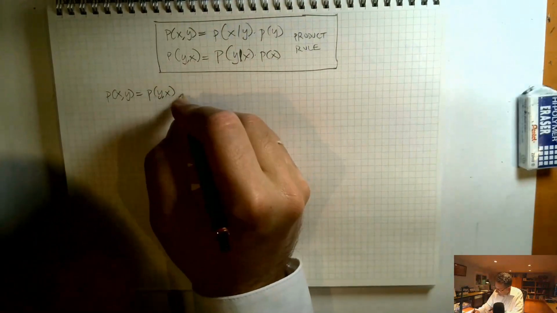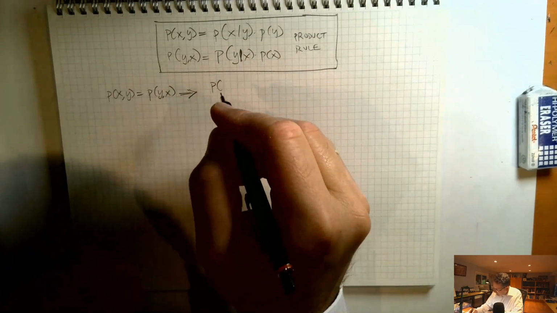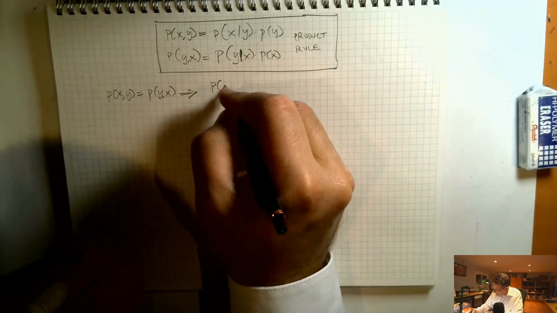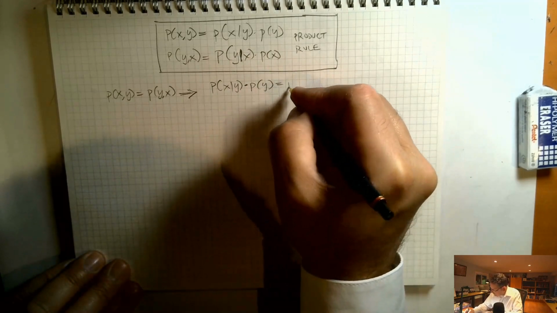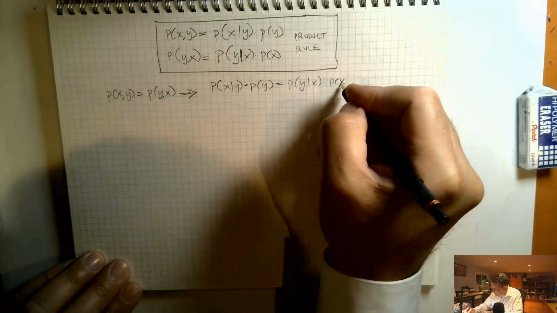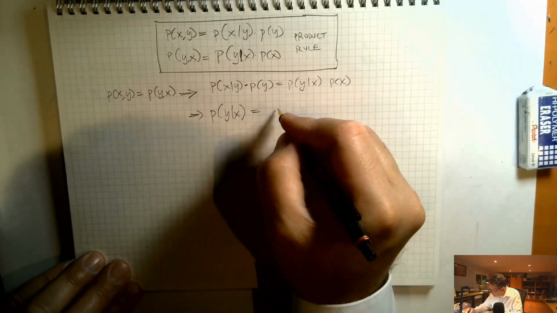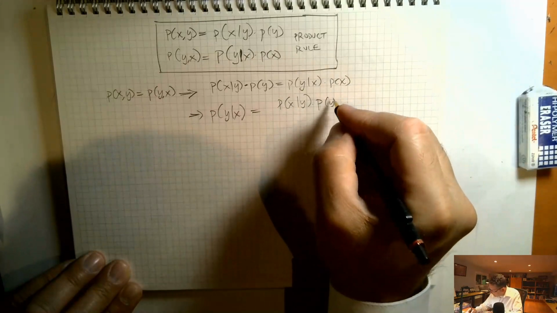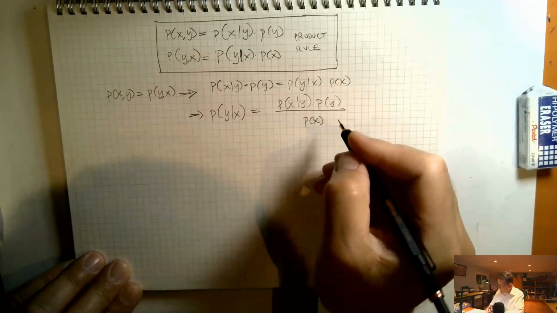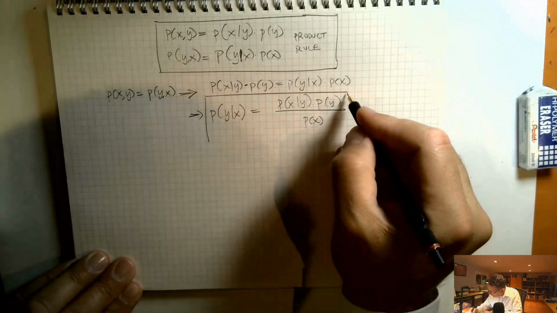So we can write here that P of x given y times P of y is equal to P of y given x times P of x, or P of y given x is equal to P of x given y times P of y divided by P of x. So this is called the Bayes rule.